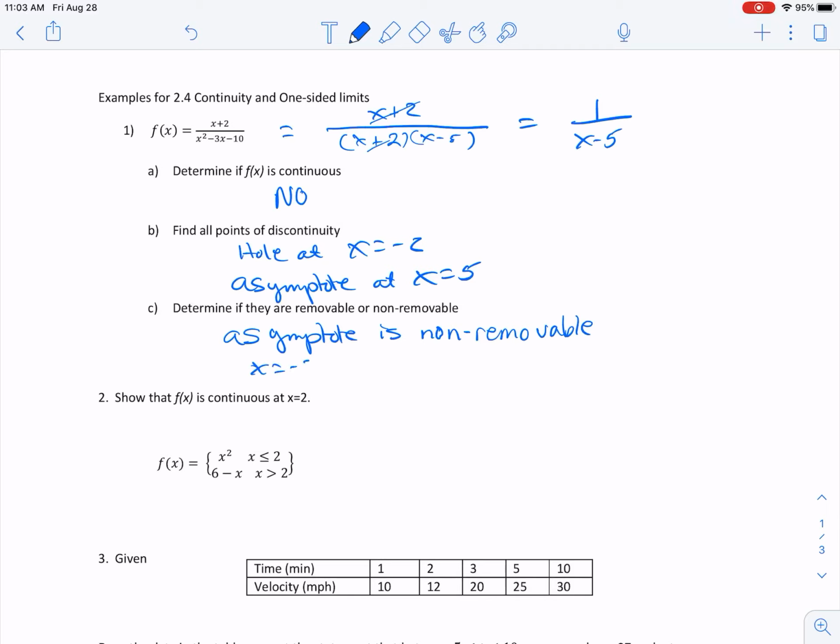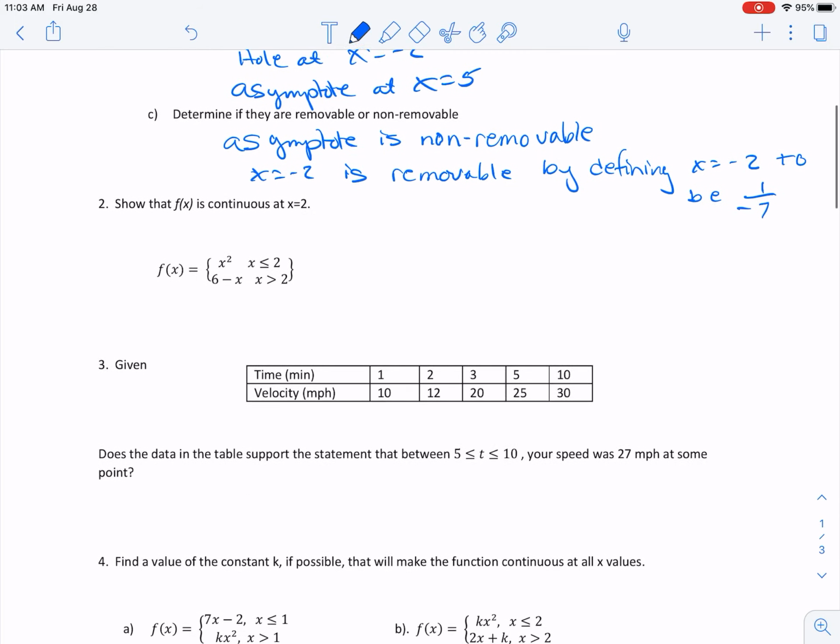X equals negative 2 is removable by defining x equals negative 2 to be 1 over negative 7.